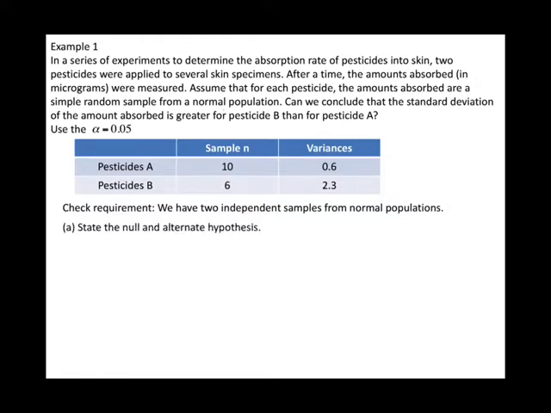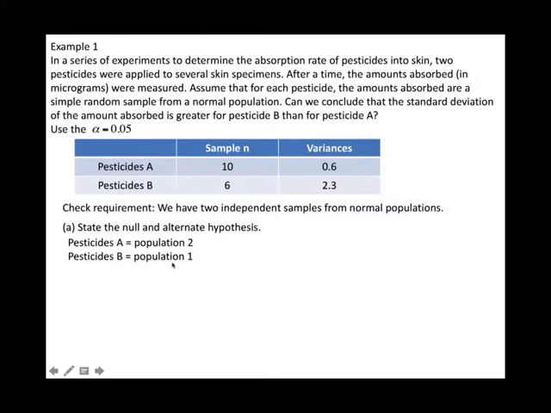Then we state the null and alternate hypotheses. But before that, we need to know which one is your population 1 and which one is your population 2.